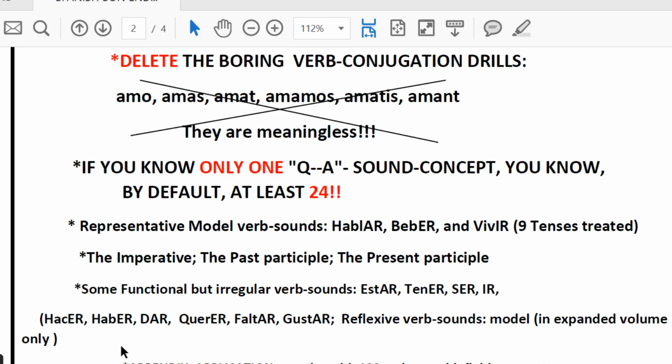I show how you can easily learn to use and communicate in the Spanish language, because the verb is the most important word in the sentence. Without the verb, a sentence has no meaning. So I put everything into a sentence. I also supply an appendix where you can apply and practice with 100 verb sound infinitive cognates.